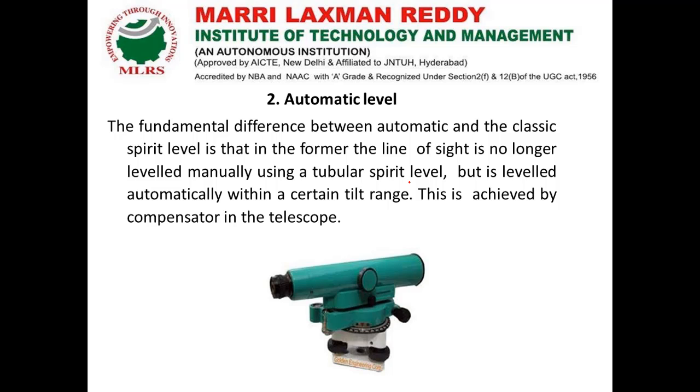In the automatic level, the instrument itself is leveled automatically within a certain tilt range. This is achieved by the compensator present in the telescope. This is the difference between the automatic level and the classic split level.